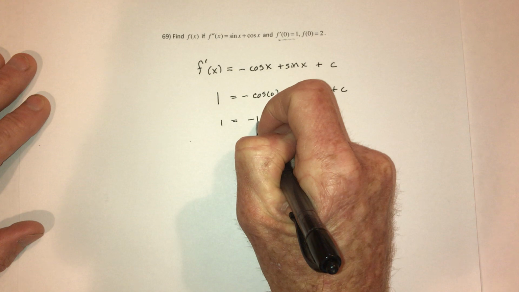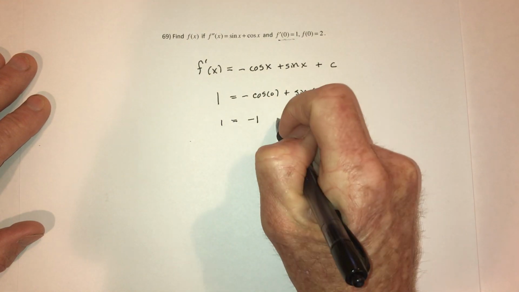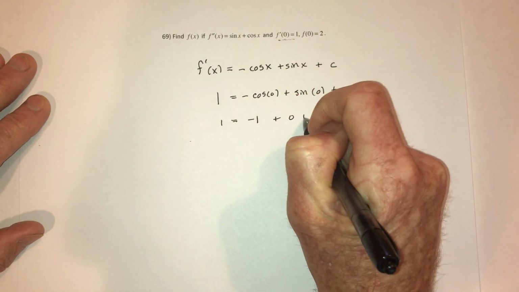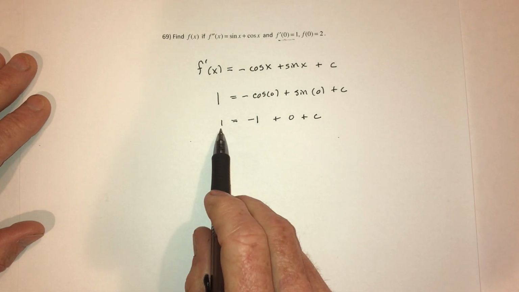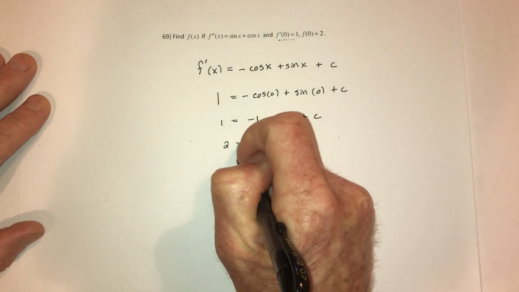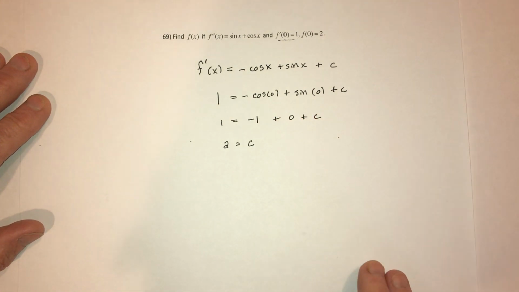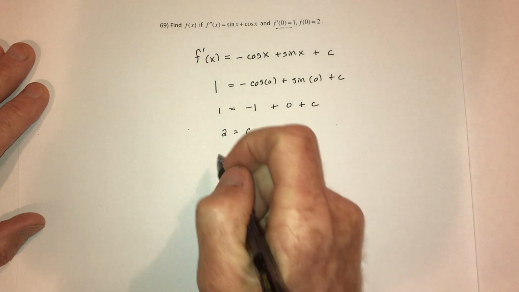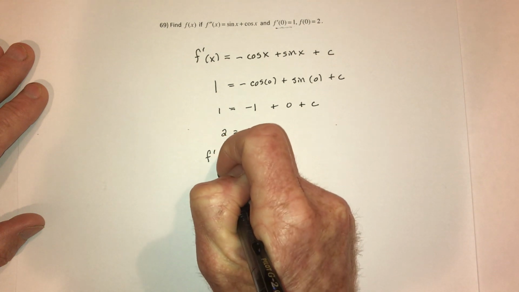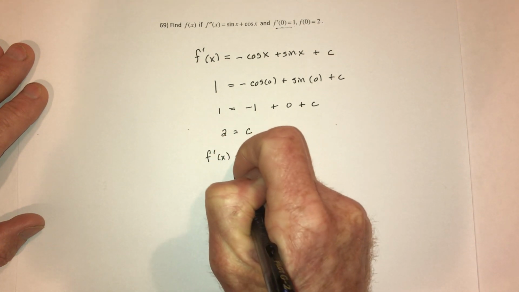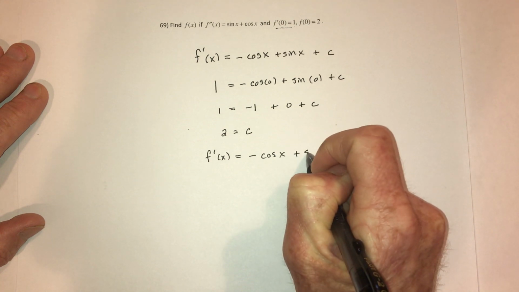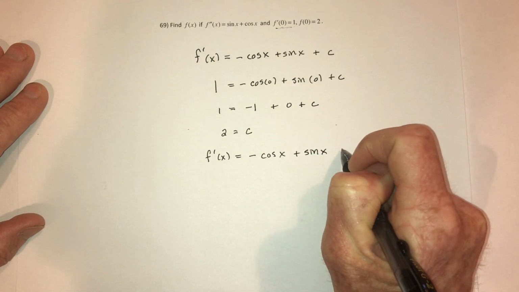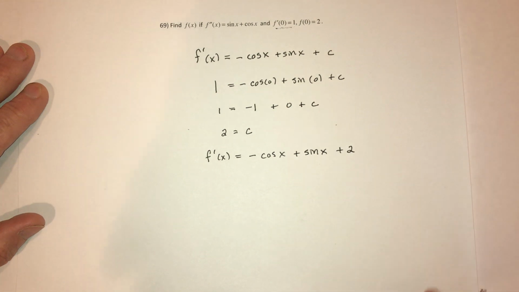So it's going to be negative 1. Sine of 0 is 0. And then to solve for c, just add 1 to both sides, and it turns out that c is equal to 2. So that means that the first derivative is equal to negative cosine of x plus sine of x, and then plus a 2.